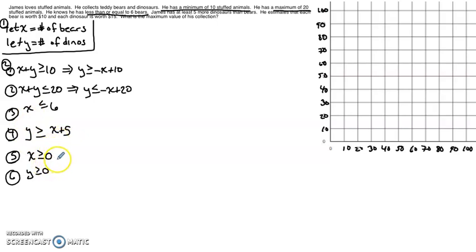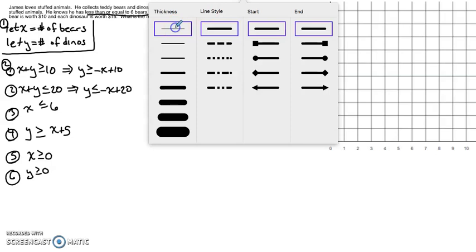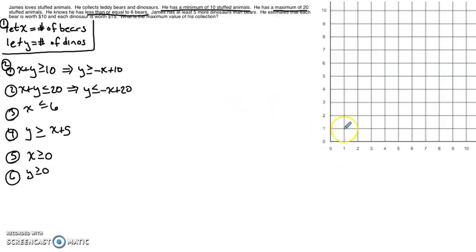So our next step is to graph all of these lines. When we're graphing, I'm just going to erase these here and write in some new numbers, because we don't need it to go up to 10. We actually need it to go up to 20. So instead of going up by ones, let's go up by twos.